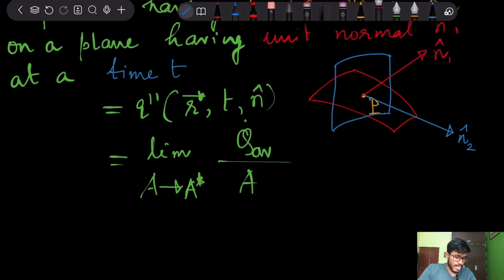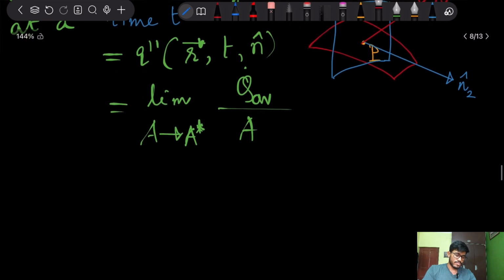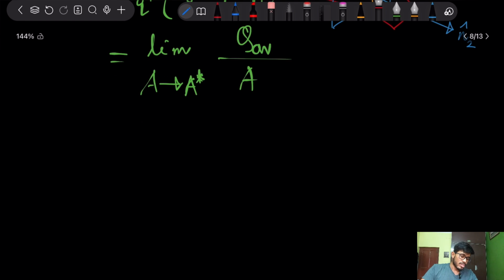So q double dash defined at point P is not the same for the red surface and for the blue surface.